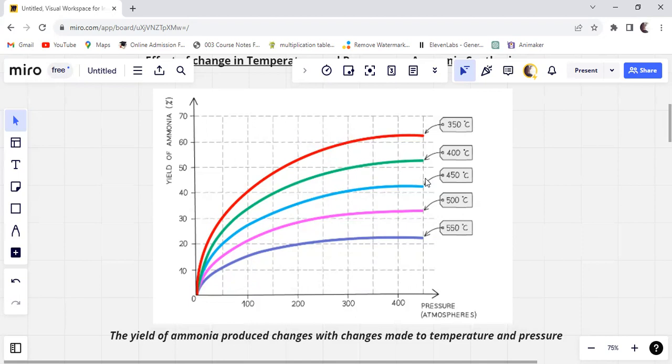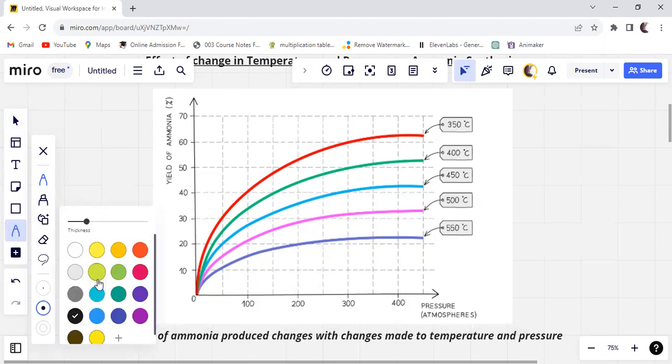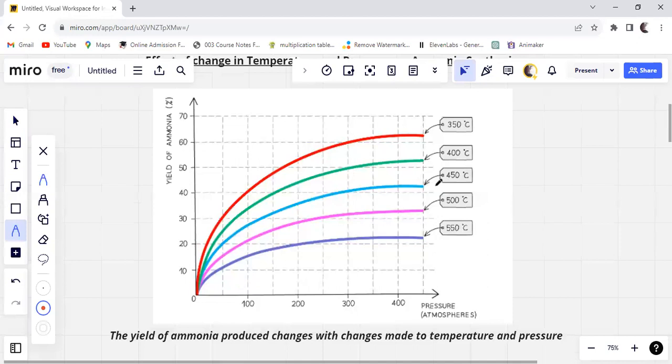Because a lower temperature will decrease or slow down the rate of reaction. So 450 degrees Celsius is the compromise temperature, made between having a lower yield of products but obtaining it more quickly.